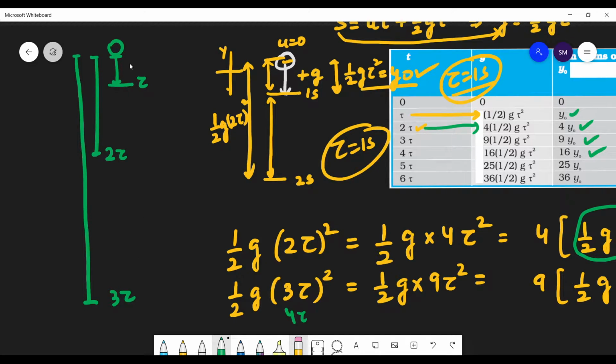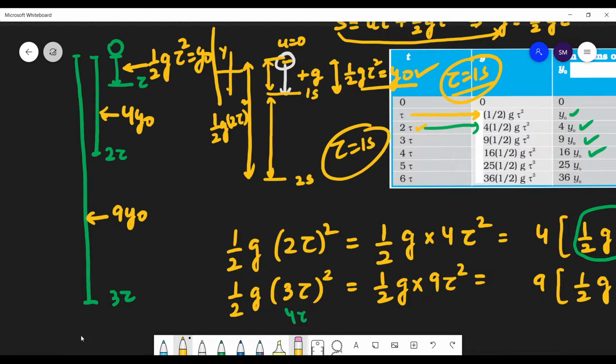This was equal to half g tau square that we have taken as y naught. Now this distance we have found as 4y naught, and this distance we have found as 9y naught, right?